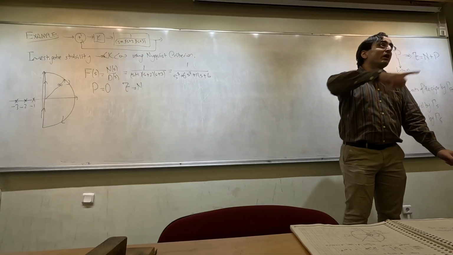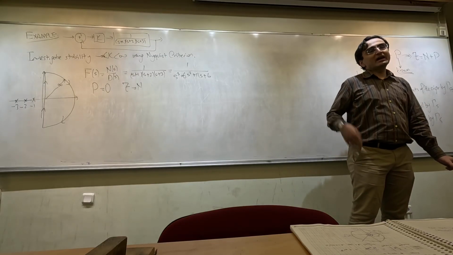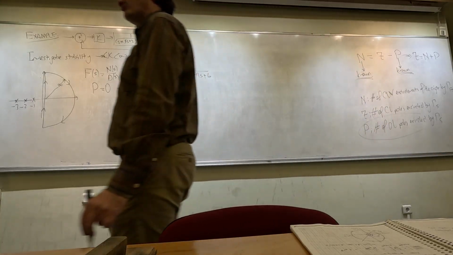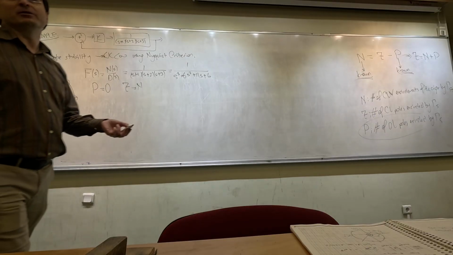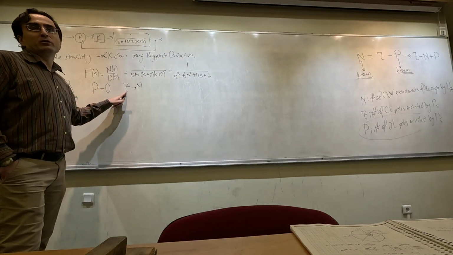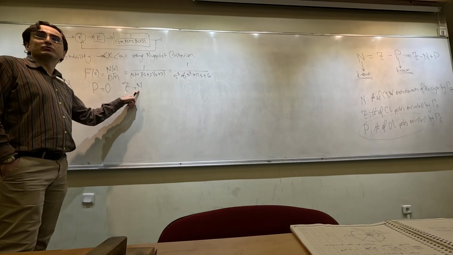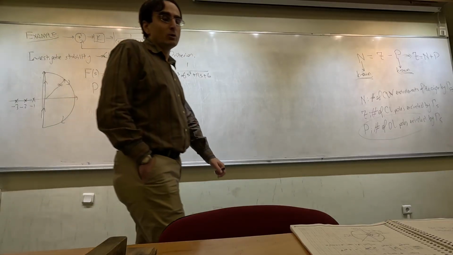If I have 0 encirclements of the point minus 1 over k, then there are 0 unstable closed loop poles, meaning that the closed loop system is actually stable. So Z should be equal to 0 for stability, or the number of encirclements of the point minus 1 over k should be 0 for closed loop stability.